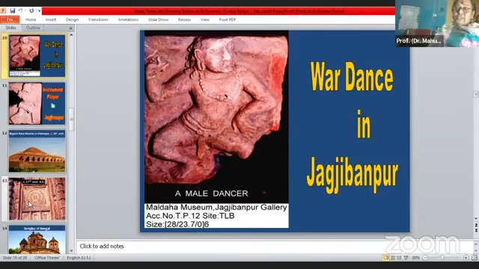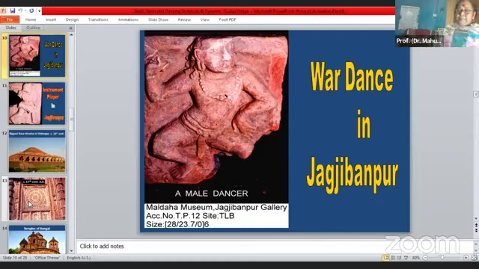This is a warrior sword dance, again from Jagjivanpur, 9th century AD, holding a shield and sword in right hand with a beaded garland vest and with a little dhoti, and with kunchita pada.